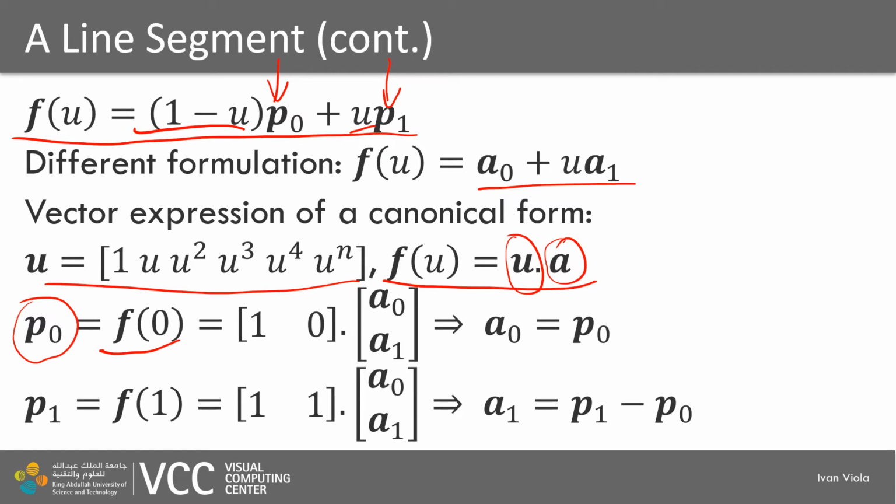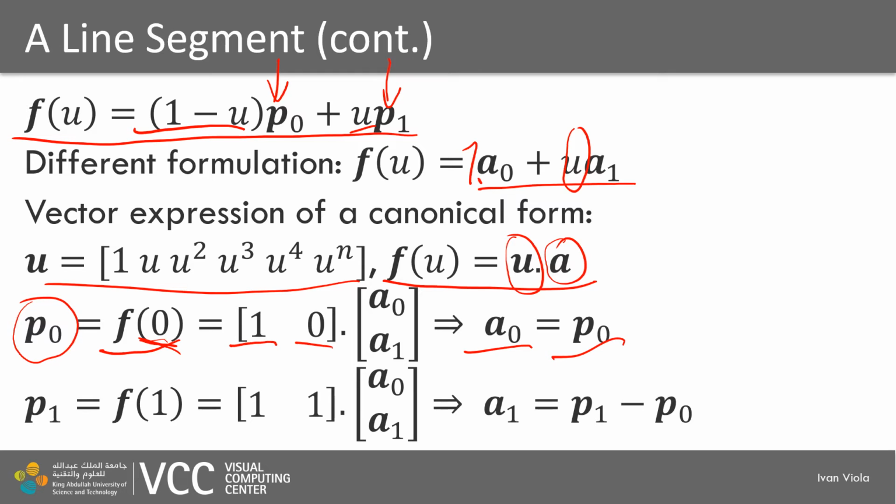So here we have somehow an invisible 1 value, and here we have a value which is coming from the u, which is the multiplier of this coefficient. So for the f(0), we have here 1, because there is no u which could change that. And for the second position, for the a1, we have 0, because u is equal to 0. And that gives us, multiplying with the coefficients a0 and a1, that a0 is equal to p0.